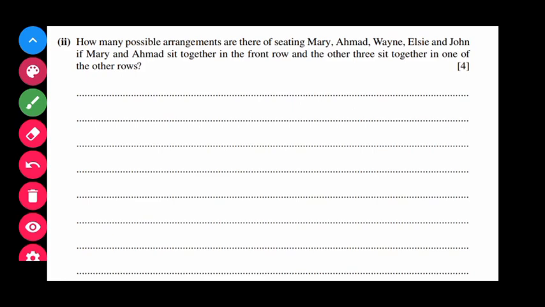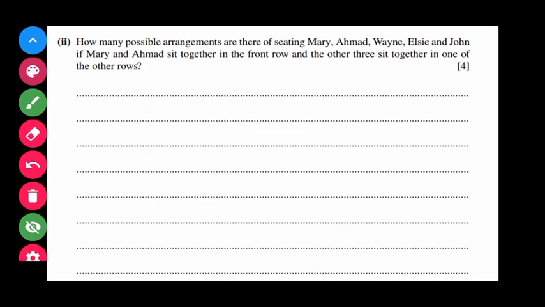Question is, how many possible arrangements are there of seating Mary, Ahmad, Wayne, Elsie, and John if Mary and Ahmad sit together in the front row and the other 3 sit together in all other rows? So here you could find some conditions, some restrictions. That restriction is Mary and Ahmad sit together in the front row.